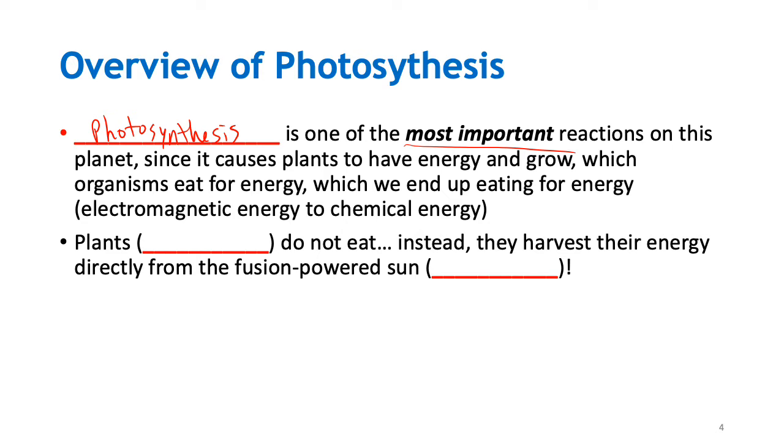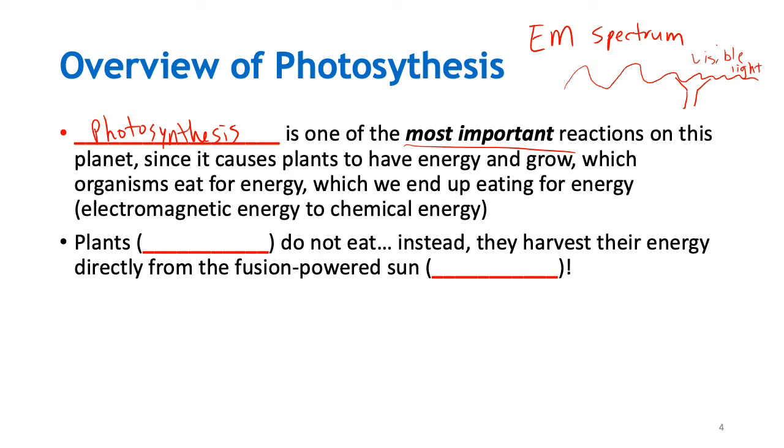And you may remember something called the electromagnetic spectrum. What you have is different wavelengths, and they get shorter and shorter, and then they get higher and higher in energy. But in this one slice of electromagnetic energy, you see visible light.